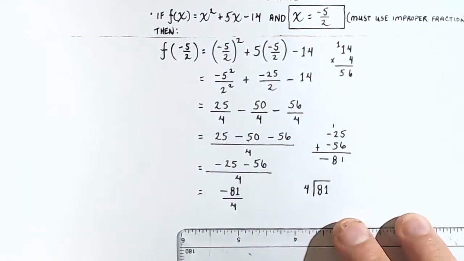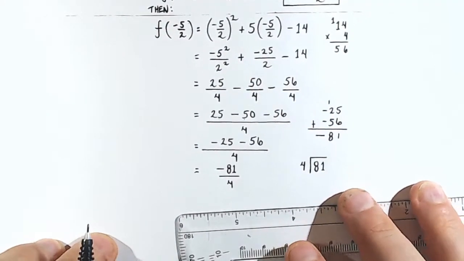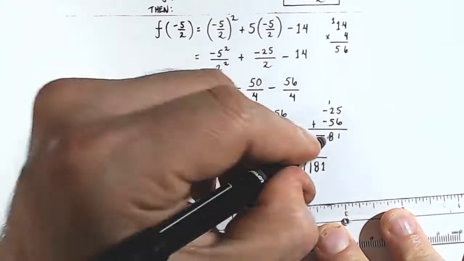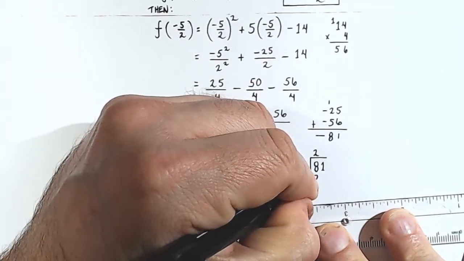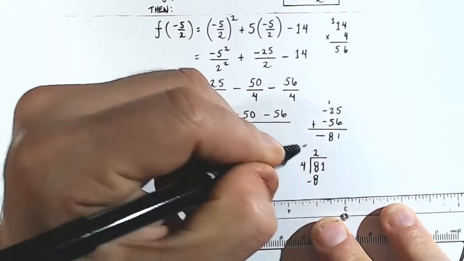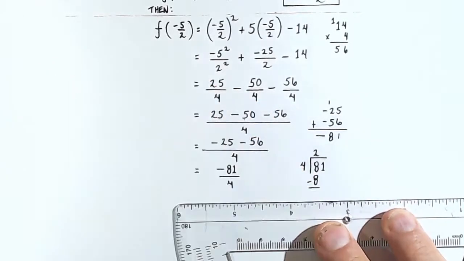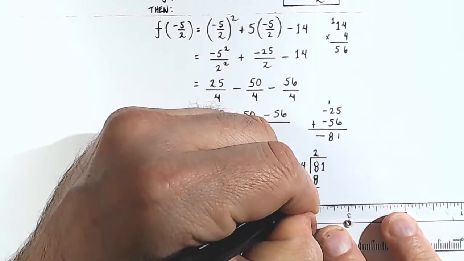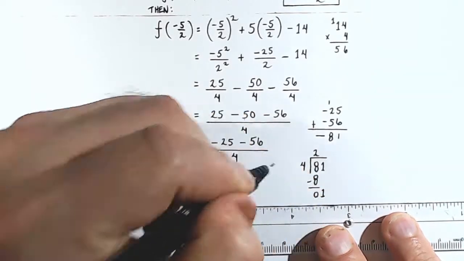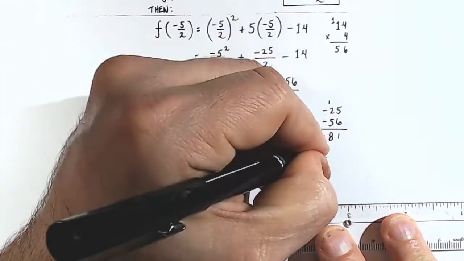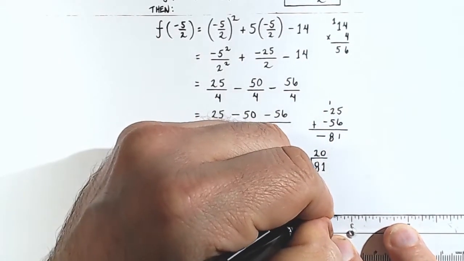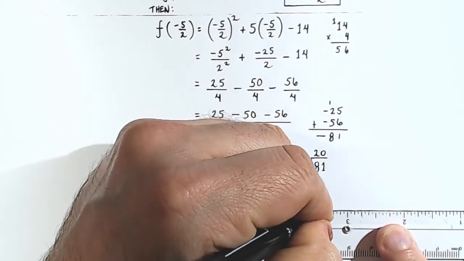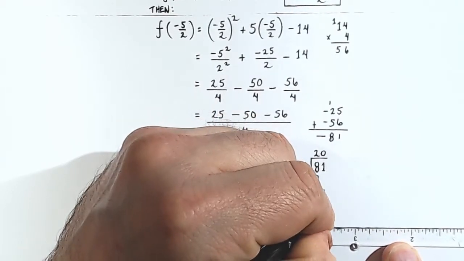All right, so put on your long division thinking cap here. 4 goes into 8 2 times. 2 times 4 is 8. And 8 minus 8 is 0. Bring down the 1. 4 goes into 1 0 times. 0 times 4 is 0. 1 minus 0 is 1.